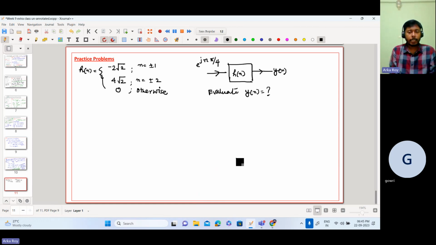So can anybody tell me how to proceed for these kinds of questions? This question I have taken has some similarity with week 1 and week 2 concepts. Can anybody tell me how to proceed with this particular question? Anyway, I will be solving it, but day after tomorrow you have the exam.